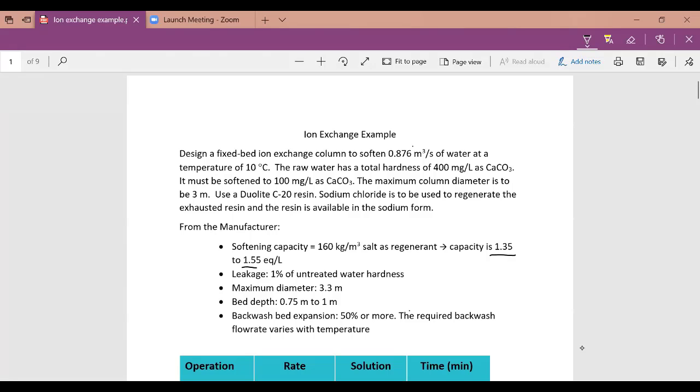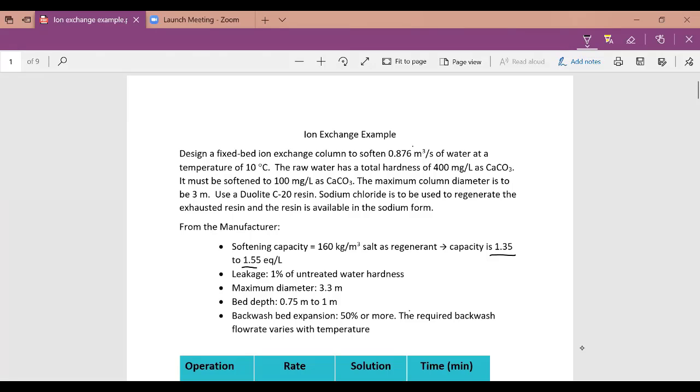So this is the equivalents of hardness that we're removing per liter of resin. Leakage is 1%. So that means that even after regeneration, when we restart the column, we can expect to have 1%, or in this case, 4 milligrams per liter as calcium carbonate in our effluent.